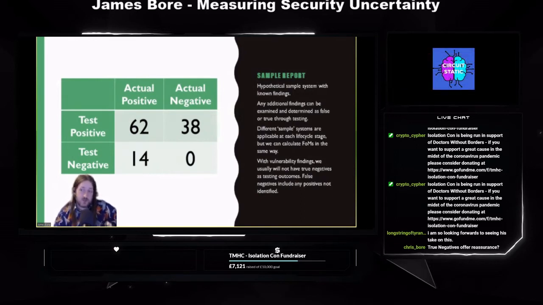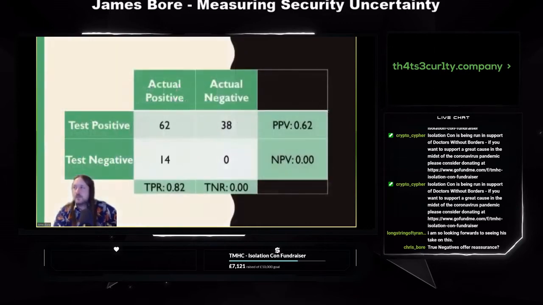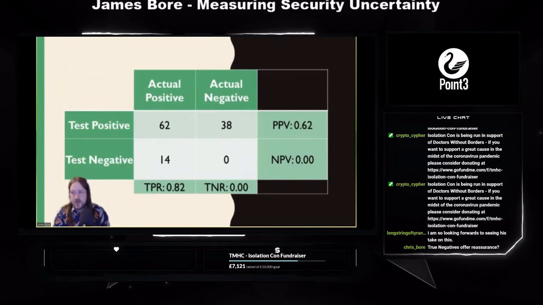Sample systems will vary at each stage in the life cycle, but the calculation of the figures of merit is the same at every stage. So here we go. We've calculated our positive predictive value. So it's 0.62. Whether that's good or bad is hard to say. We've got nothing to compare it against. We've got our true positive rate, which is 0.82.